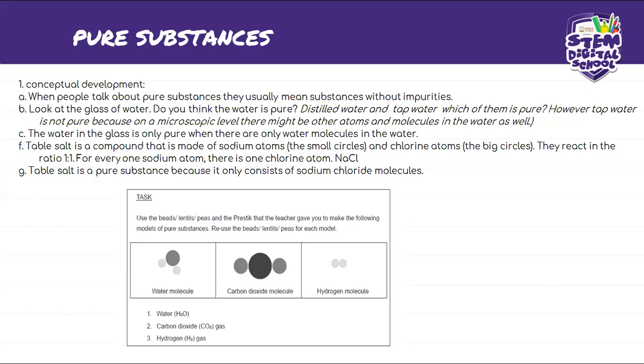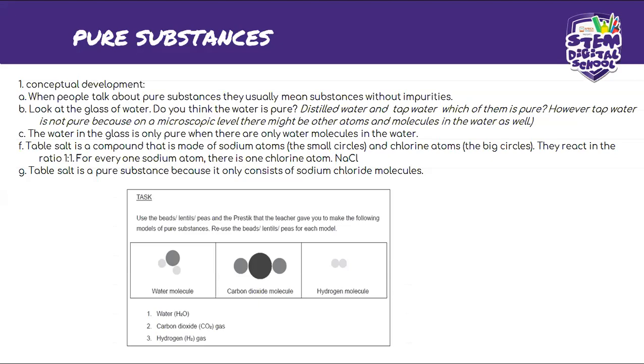So table salt is a compound that is made up of what? Sodium atoms. We can see from the diagram, if we were to create a model, you can pick any one, either white or black, big or small, to determine how you can fix it. But basically what we're saying is that table salt is a compound.